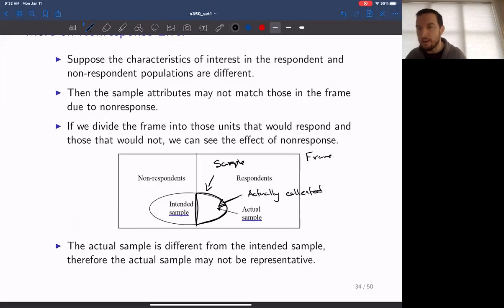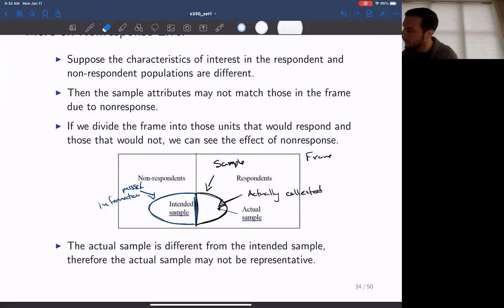And then we miss an entire part of the sample, which is this second part, where it says intended sample. This would have been the missed information. This would have been what we would have wanted to get.